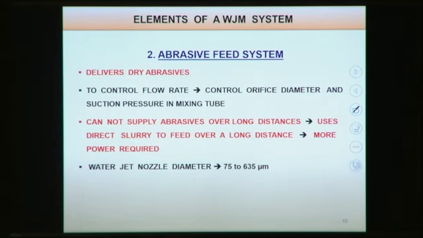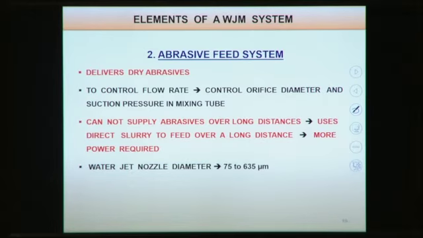Okay, so the abrasive feed system. The work of this abrasive feeding system is to deliver the dry abrasives. To control the flow rate, the control orifice diameter and the suction pressure in the mixing tube should be changed. So by changing the control orifice diameter and the suction pressure in the mixing tube, we can change the flow rate of these abrasive particles.